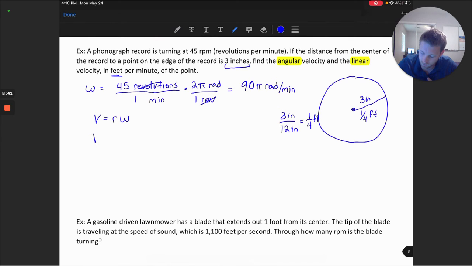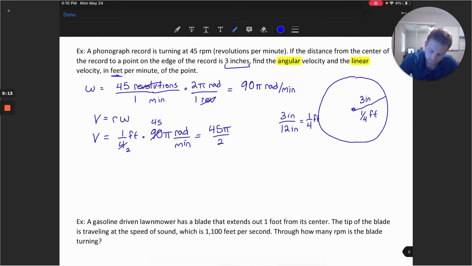So to find v, we can just take our omega times 1/4 of a foot. And so when we multiply through here and divide, we'll end up with 45 pi over 2 when we reduce this.